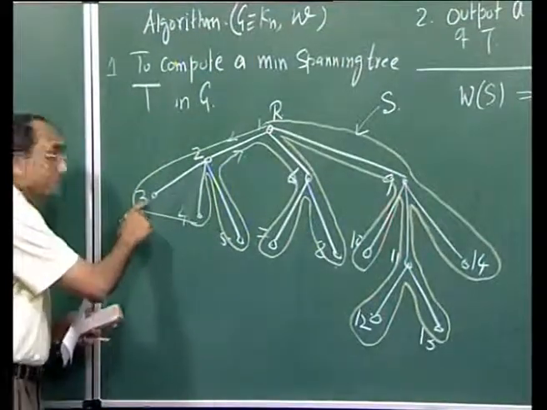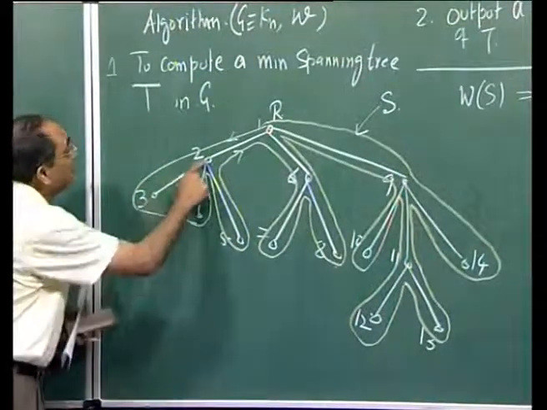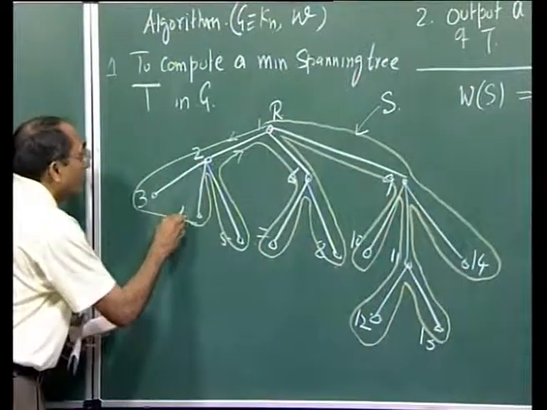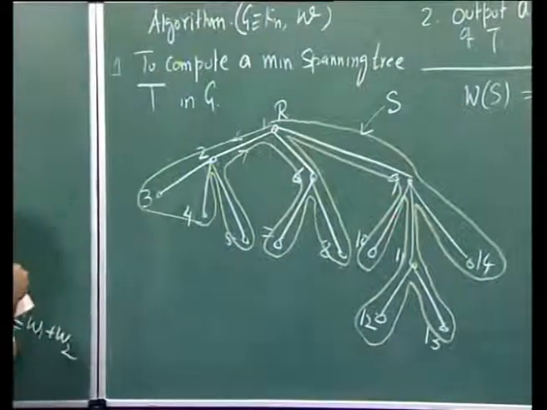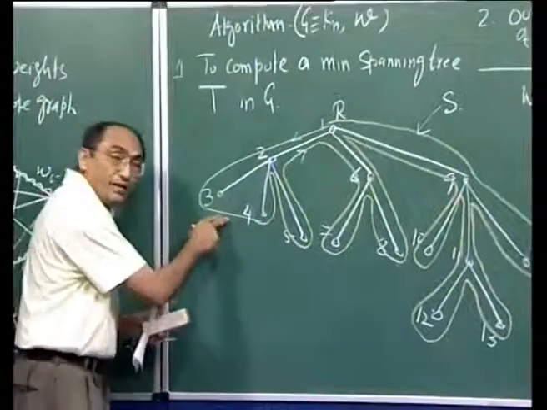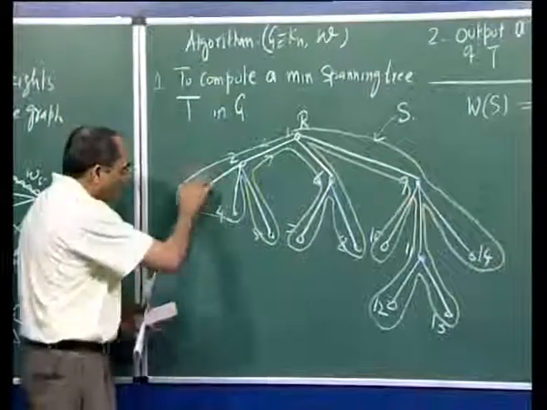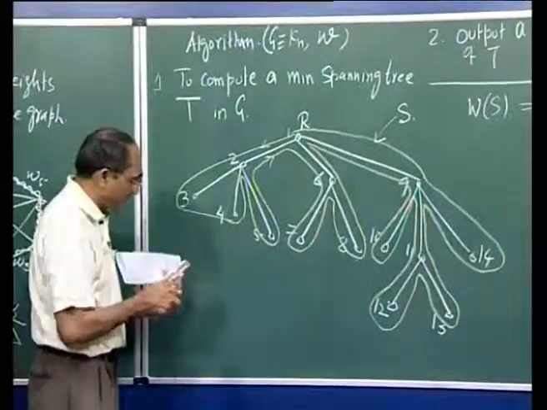So, we have taken this off 3, 2, 2, 4 and replaced that by 3, 4. And triangular inequality says that the weight cannot increase. Once we do this, the weight cannot increase.